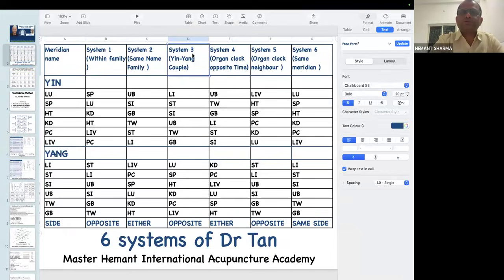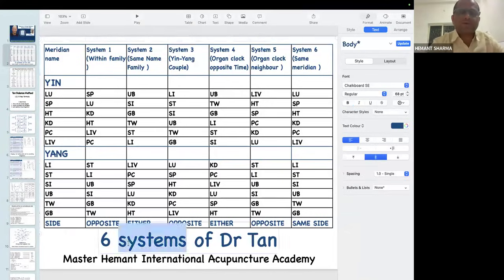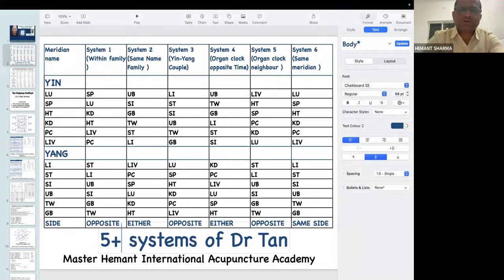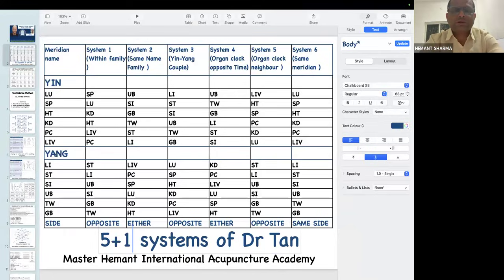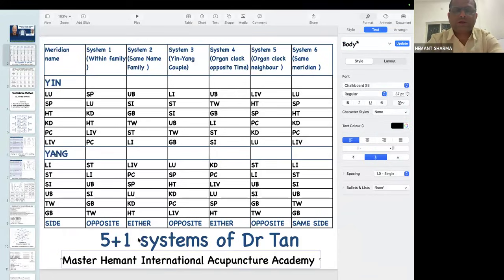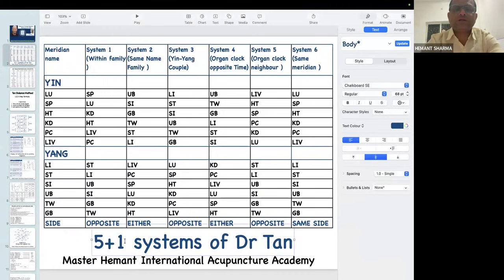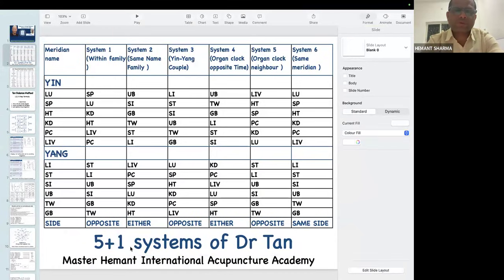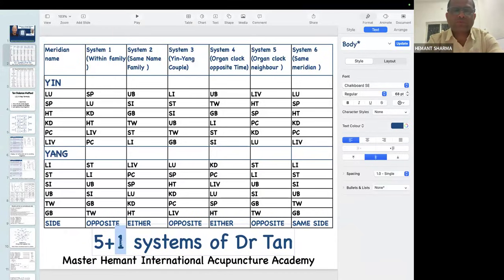System 1, System 2, System 3, System 4, System 5, System 6. Actually, it was only 5 systems earlier, but system number 6 was taken later on from the TCM.